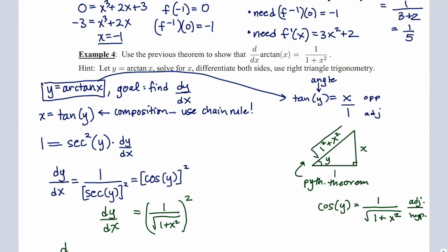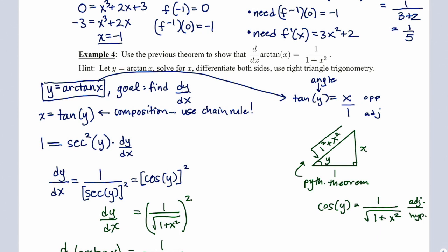And that shows us that the derivative of arctangent of x, since that's our y, is exactly 1 over 1 plus x squared.